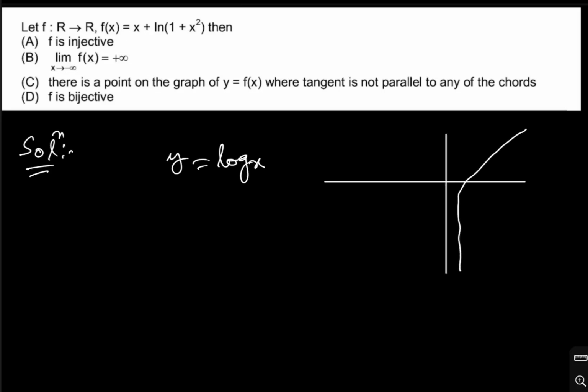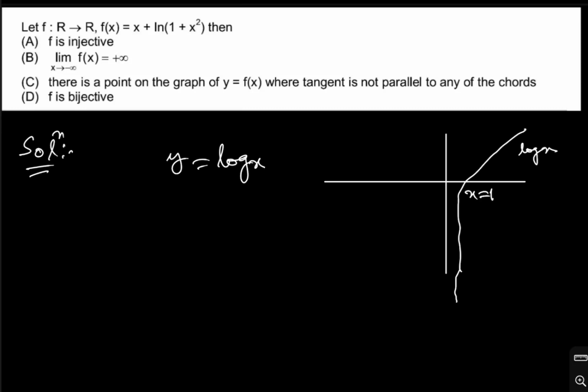At x equal to 1, log 1 is 0, and after that it's strictly increasing. Between 0 and 1, log x is negative, and as x tends to 0, log x tends to minus infinity. So this graph becomes asymptotic.